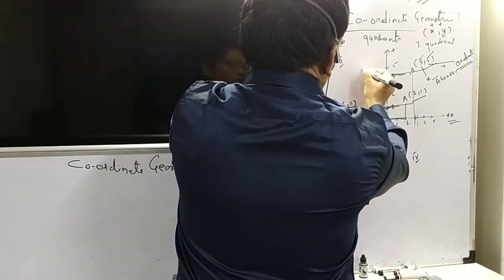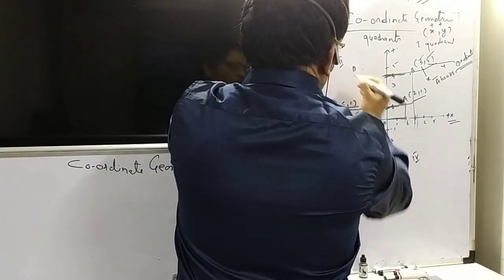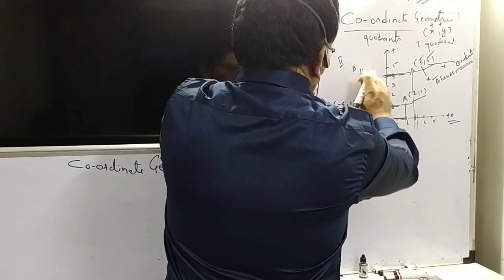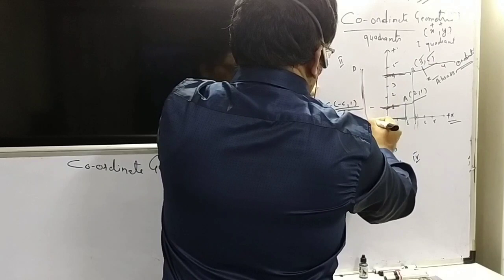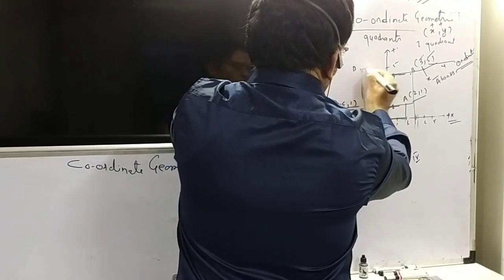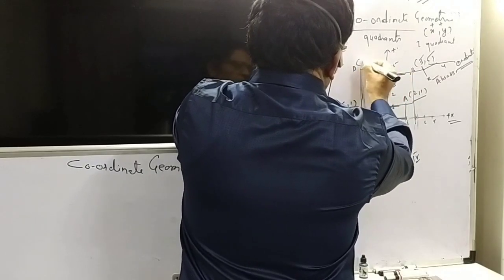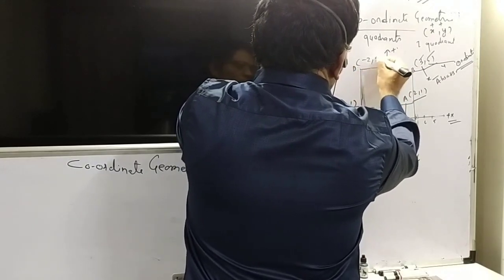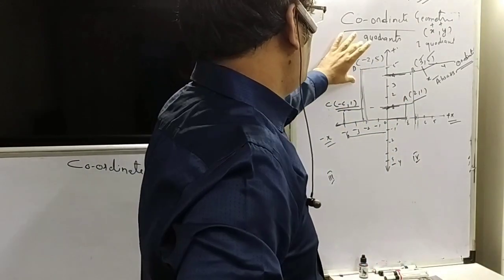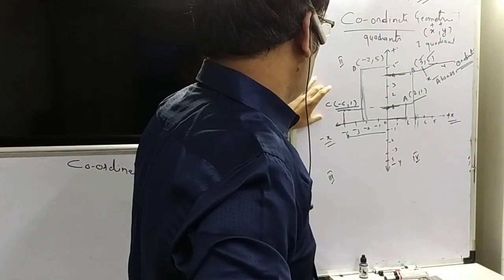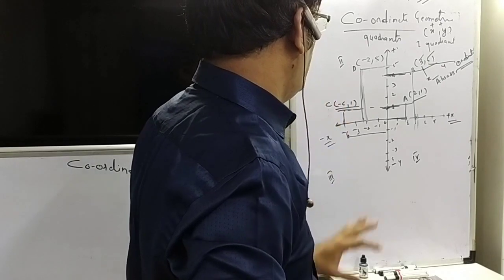Similarly, let us say this point is D. For D, we have to move two places left on the x-axis and five places up on the y-axis, so it is (-2, 5). The coordinates of D are (-2, 5) and of C are (-4, 1).